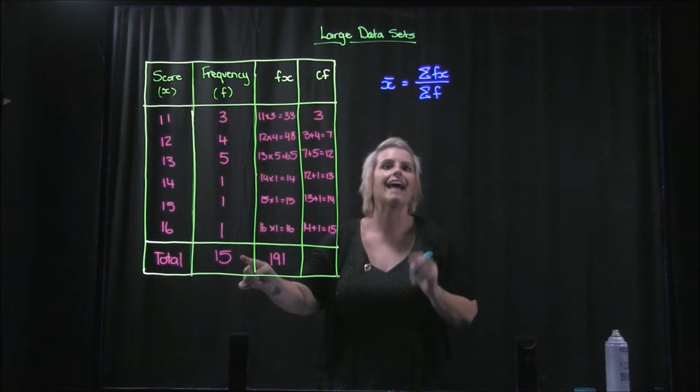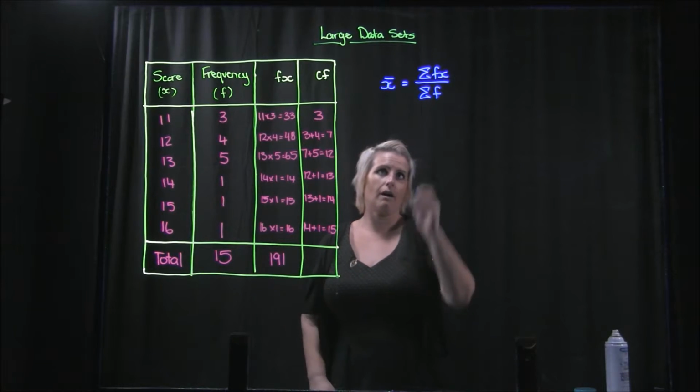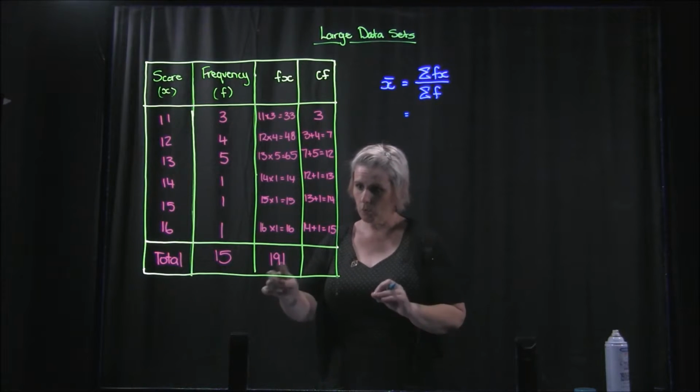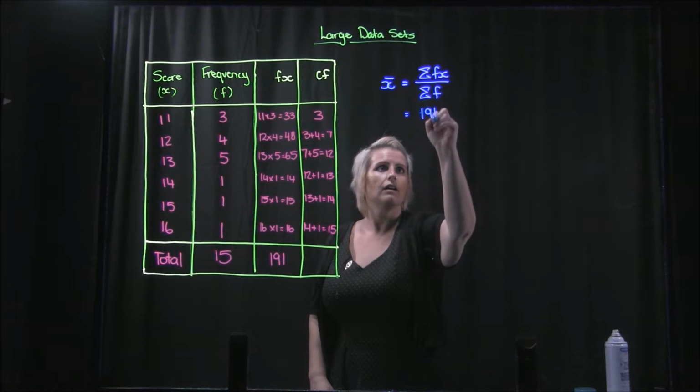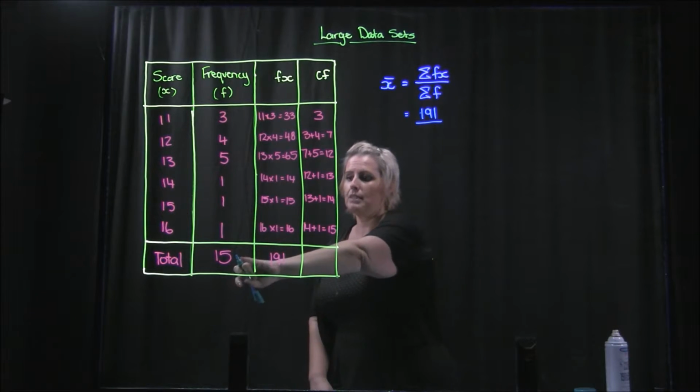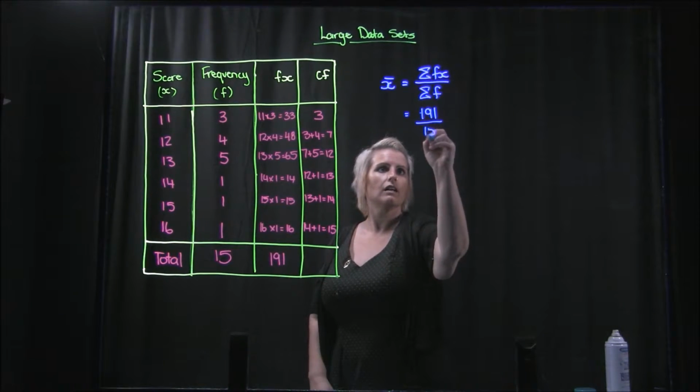Because this tells us exactly how many data scores there are. So the sum of fx is 191. We've got that right there. And that's the beauty of filling out the table. The sum of the frequency column is down here, 15.